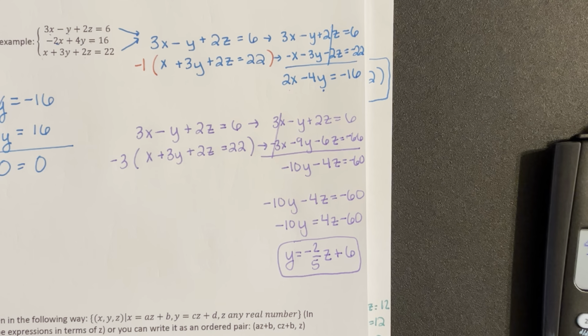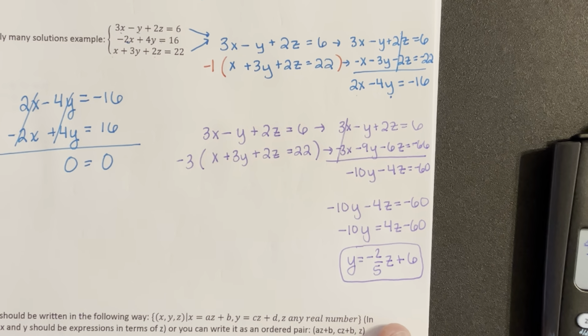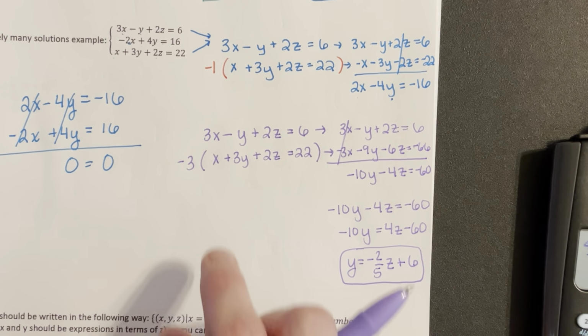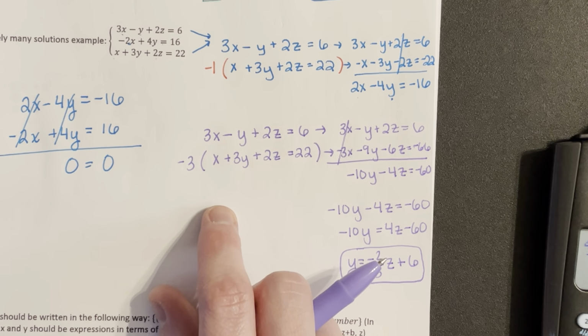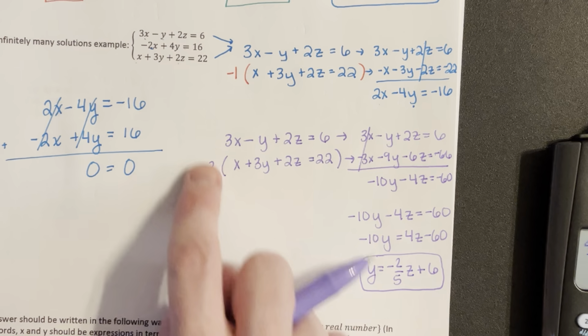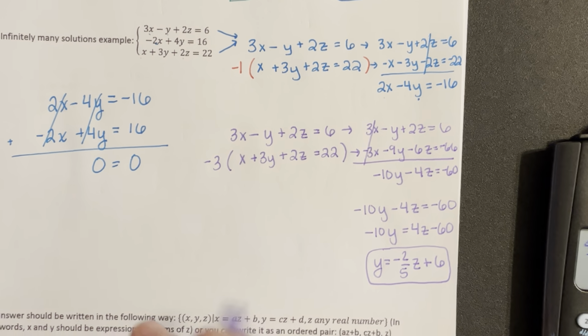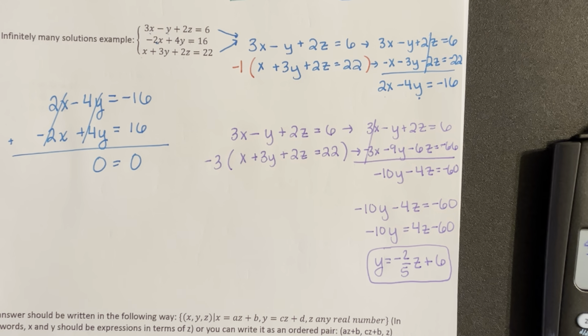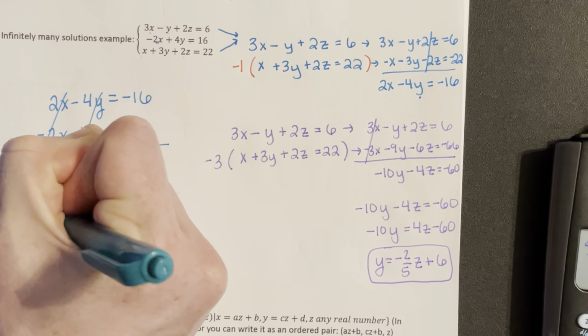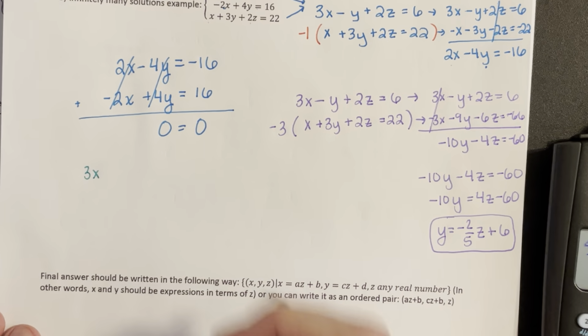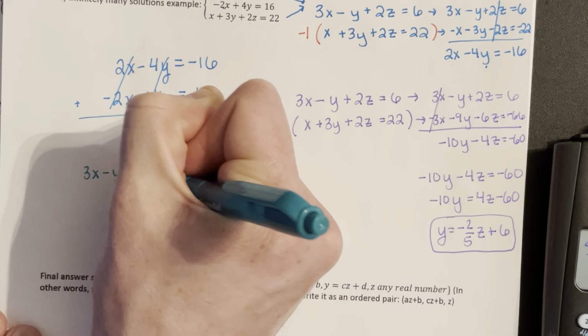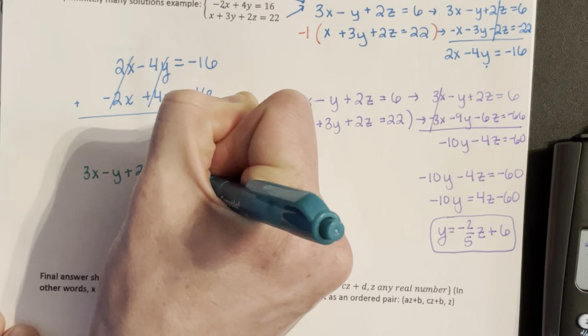But we also need an x in terms of z. So if I do that, I want to do this same thing again, but try to eliminate our y's. So let's do this over here to give me 3x minus y plus 2z equals 6.